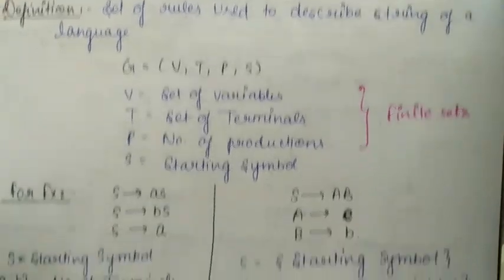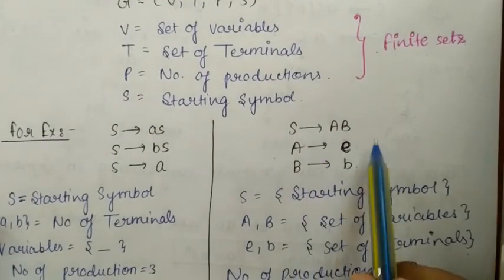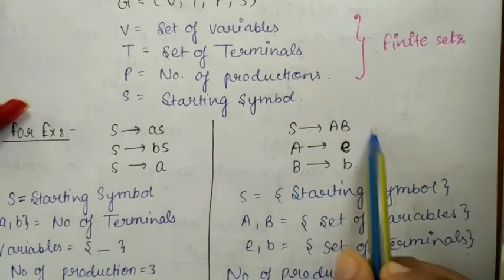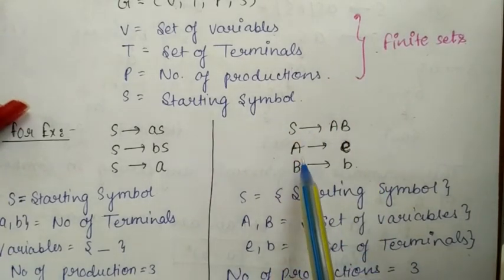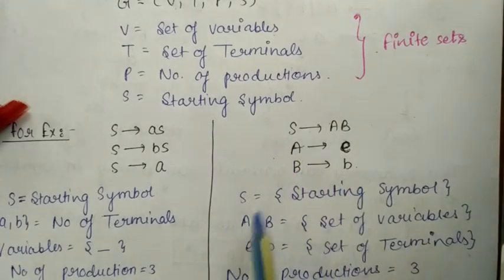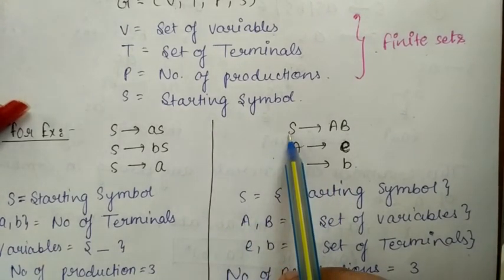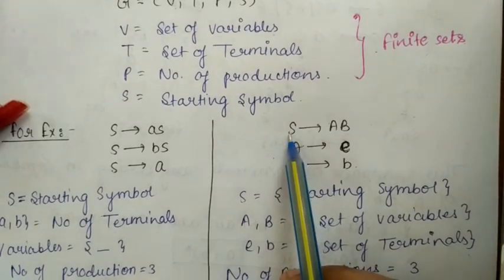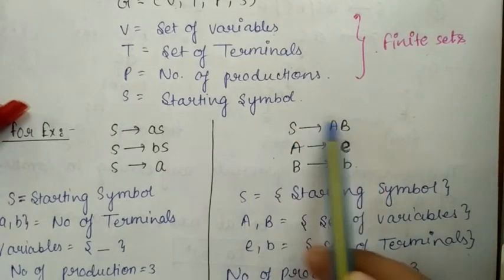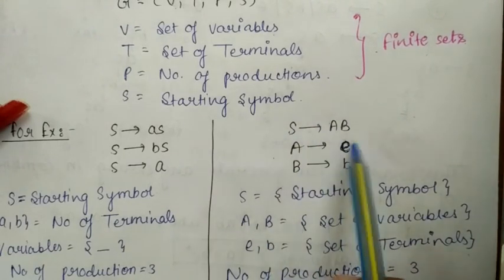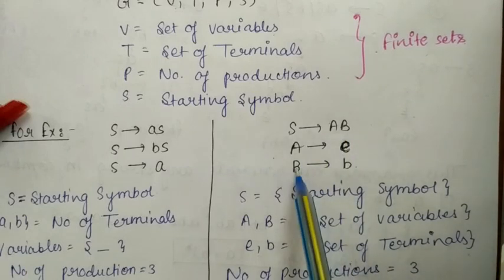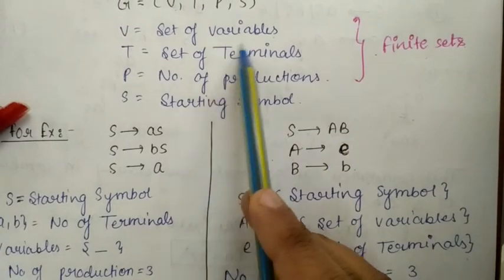Now, for example, in this grammar, what is the variable, what is the terminal, what is the starting symbol? We always represent the starting symbol by S, so we start writing the grammar from this variable. S is our starting symbol, and whatever we write in capital letters, A and B, these are the set of variables.